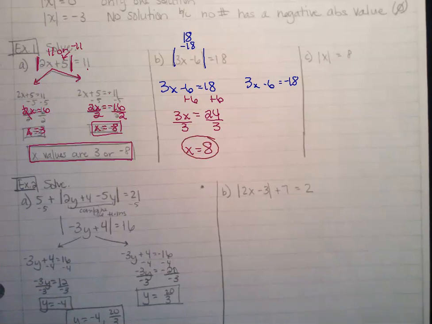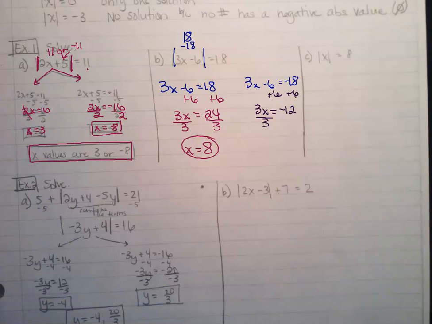Okay, so there's 1 x. All right, let's look at the next one. Same thing, add the 6. So 3x equals negative 18 plus 6 is? Negative 12. Awesome. What do I do next? Same thing, right?